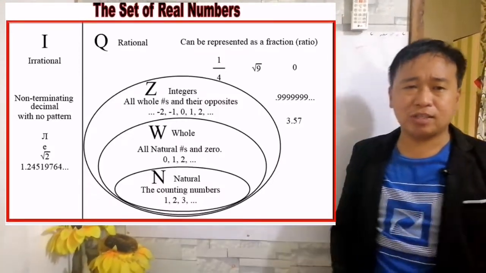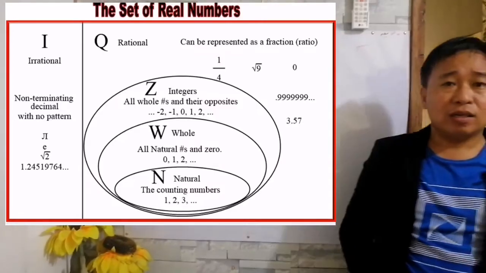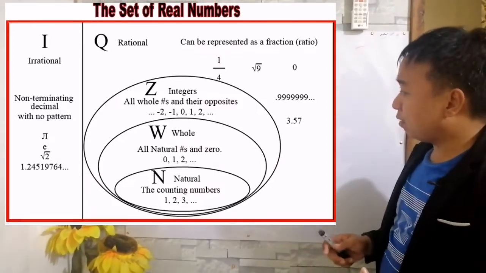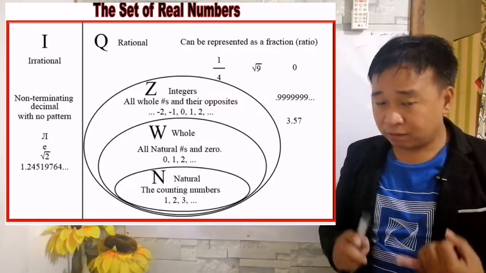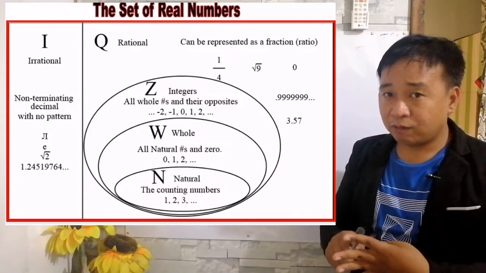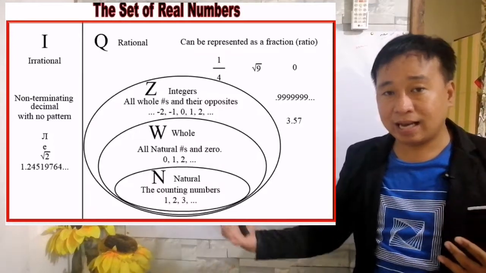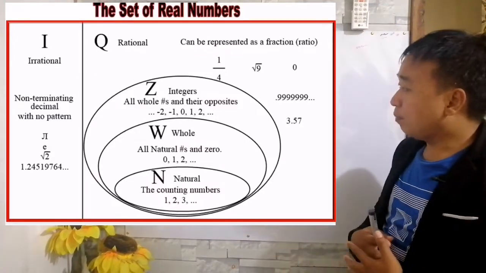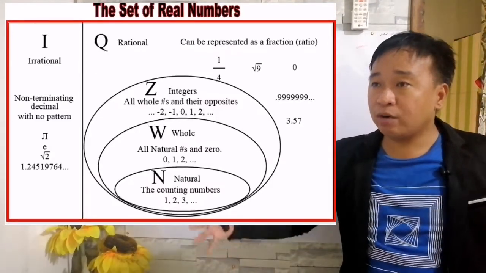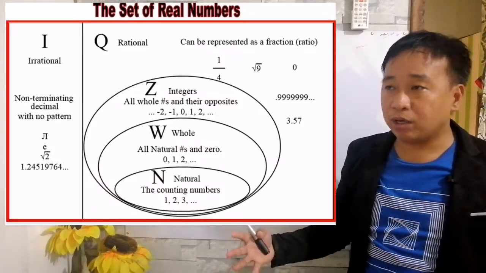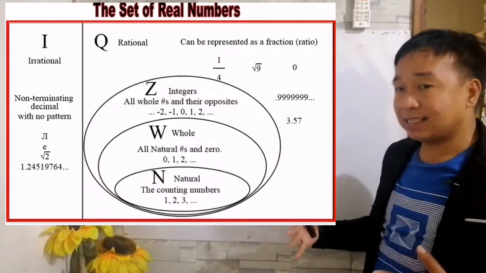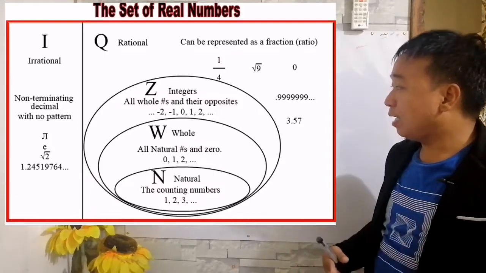So what are those natural numbers? Natural numbers start from 1, 2, 3, 4, 5, so forth and so on, just like what we did a while ago. The other term for natural numbers is counting numbers. And the letter that represents this is N, which stands for natural numbers.